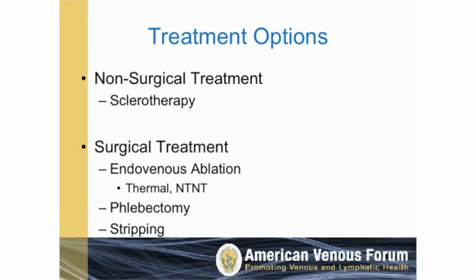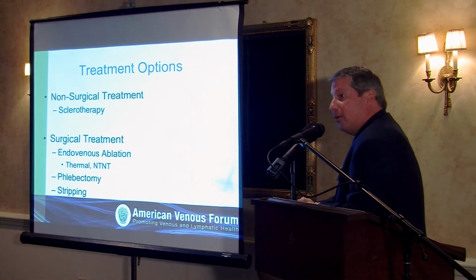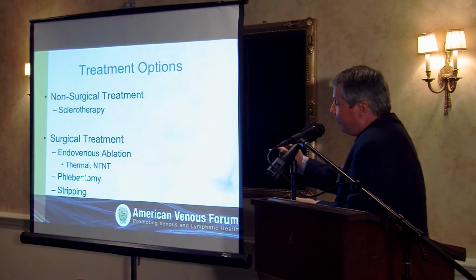As far as non-surgical treatment, sclerotherapy only used to be for spider veins, and now with foam sclerotherapy and other modalities such as glue, we can treat the saphenous vein and larger branch varicose veins. And surgical treatment, which we're going to hear about later, I won't get into it, but the options are ablation of the small or great saphenous vein with different types.